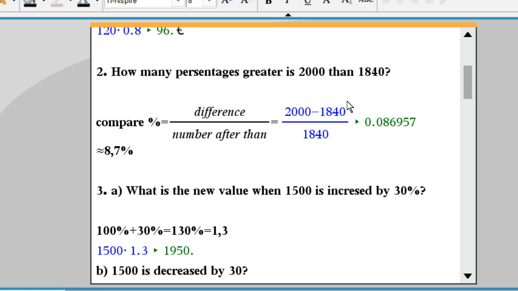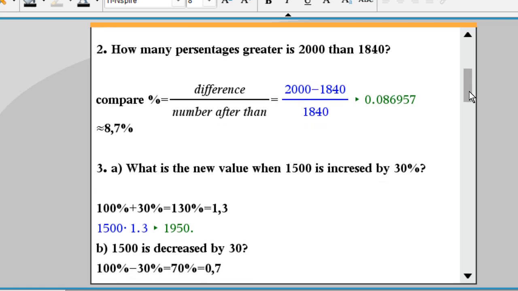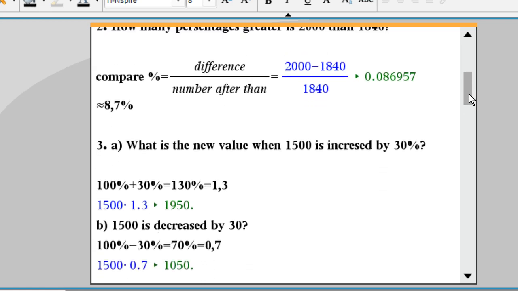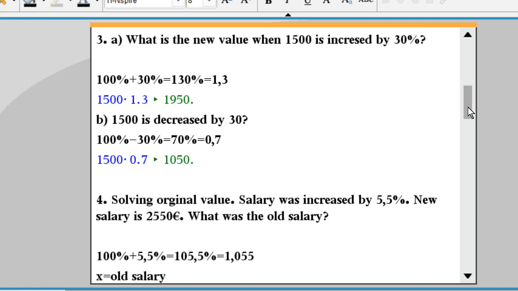So we would compare to the old salary, and again that would be 1840. So that's one of the typical percentage questions.